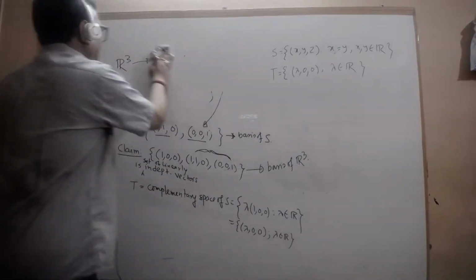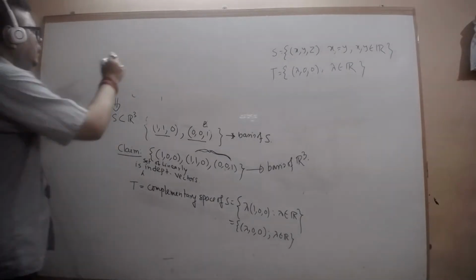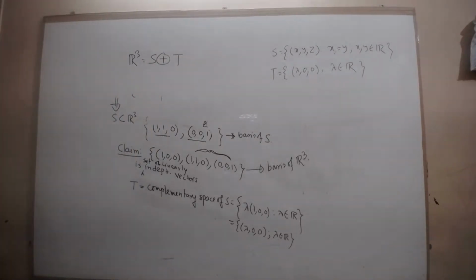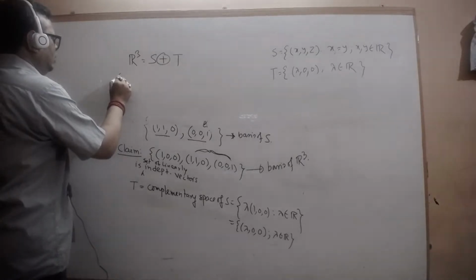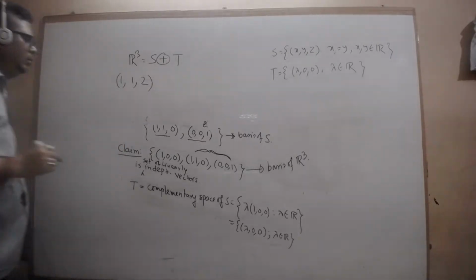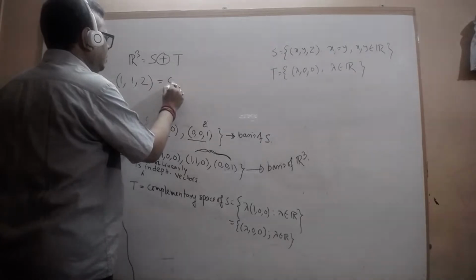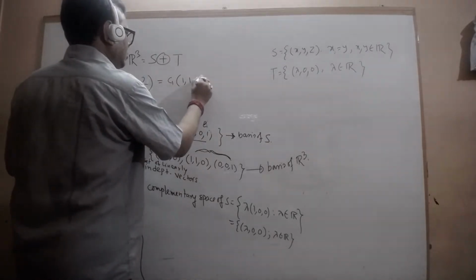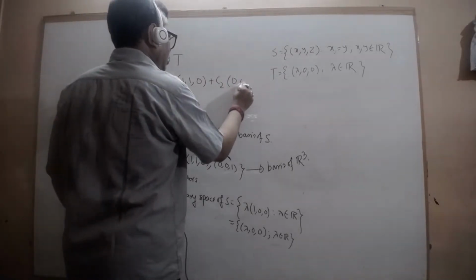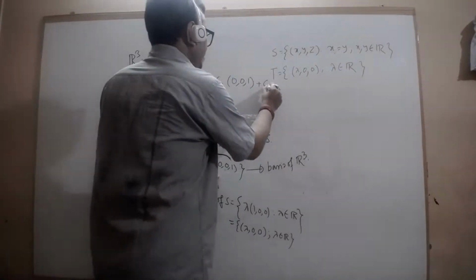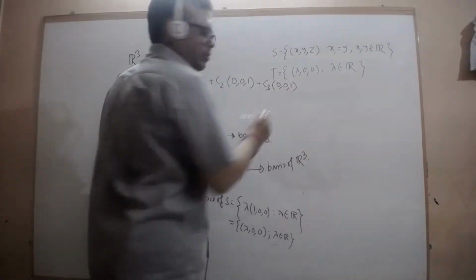Take any vector and you see that R cube can be written as a direct sum of S plus T, and any vector in R cube, say 1, 1, 2, is written as a linear combination of the basis of R cube here.